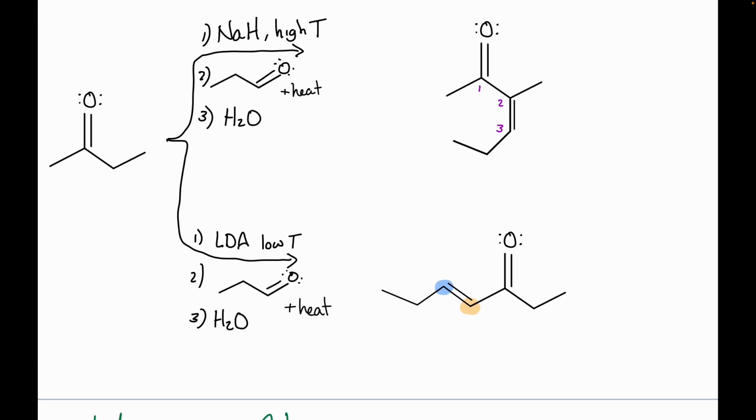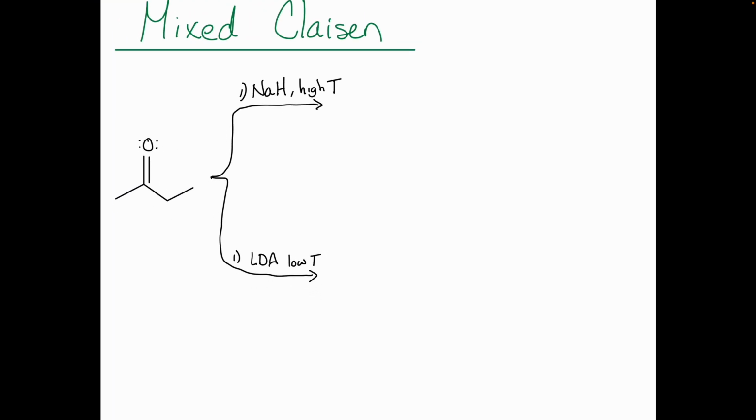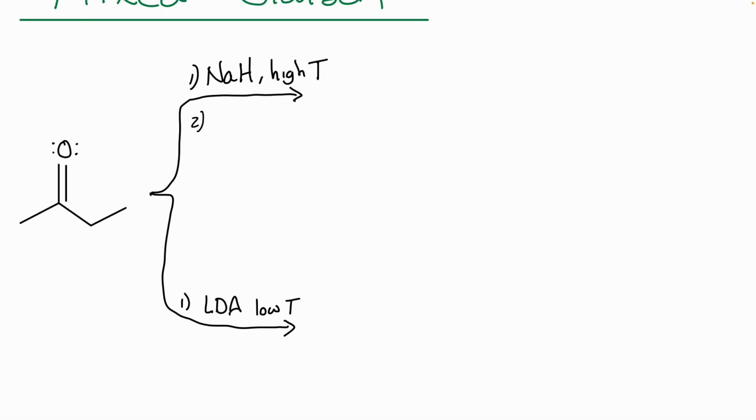So now let's take our same setup here. We'll keep our butanone the same, but now instead of an aldehyde or ketone, we're going to be adding in an ester.